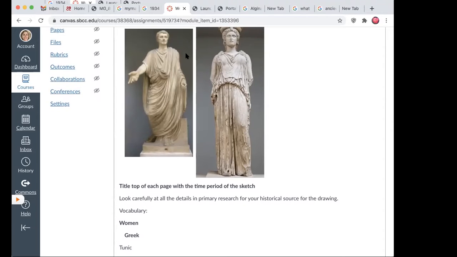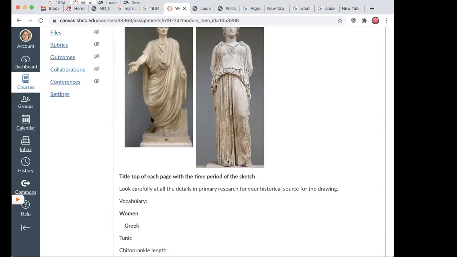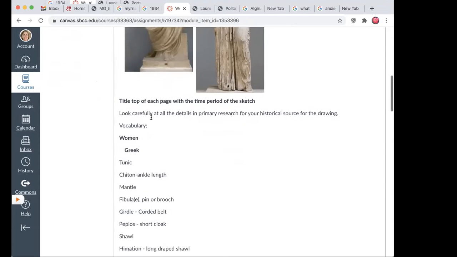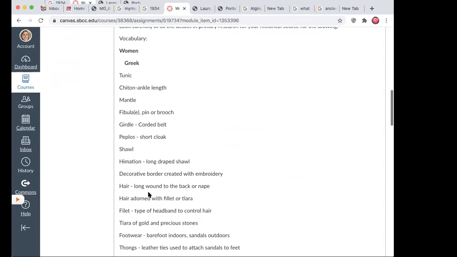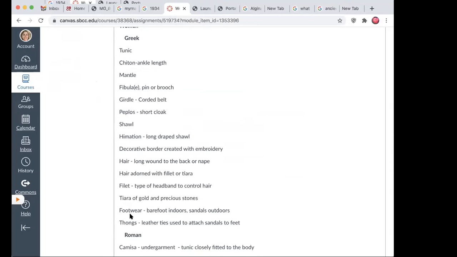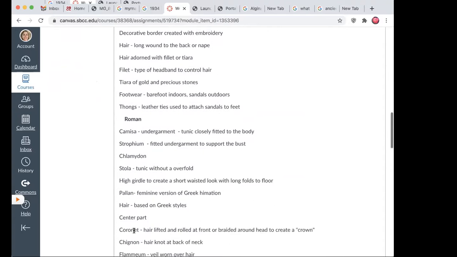Because when you're working on a play, you have to costume more than 2 people, and you can't have all the men look the same, right? So when you're doing your 4 sketches for Thin Man, you should have a variety of looks and styles. And that's why you have the information on the vocabulary for Greek and the vocabulary for Roman.